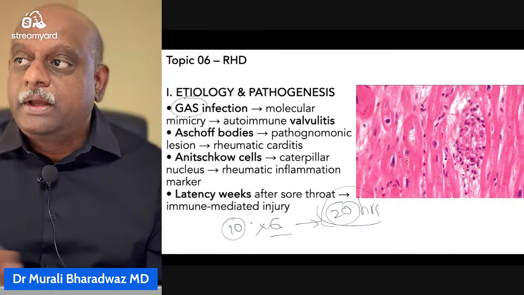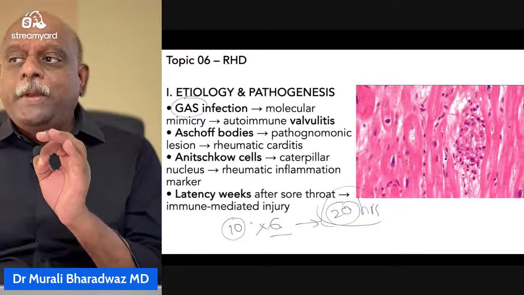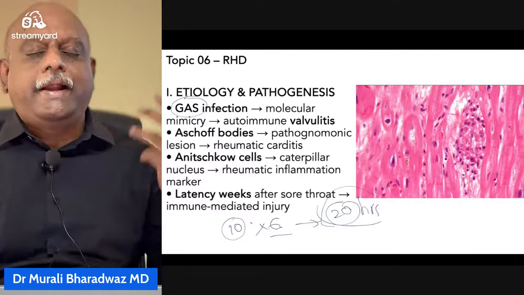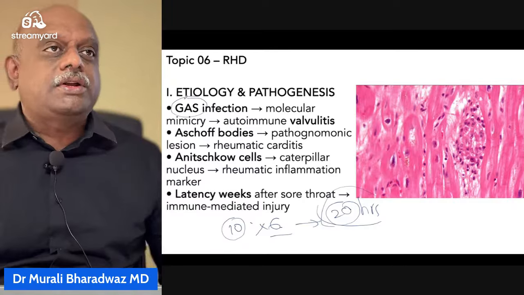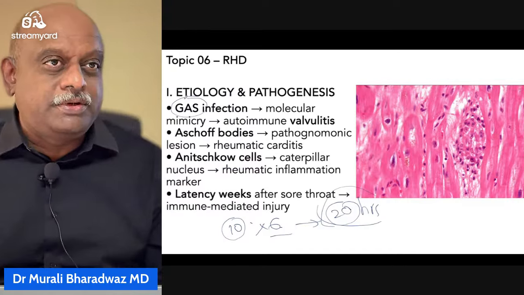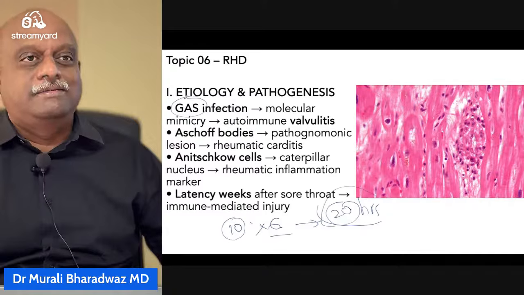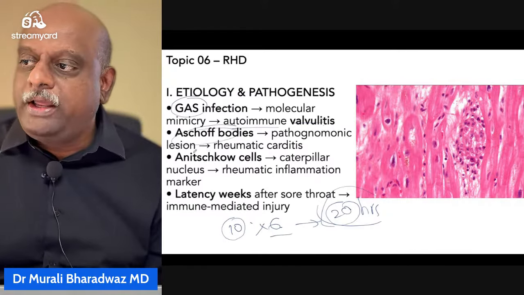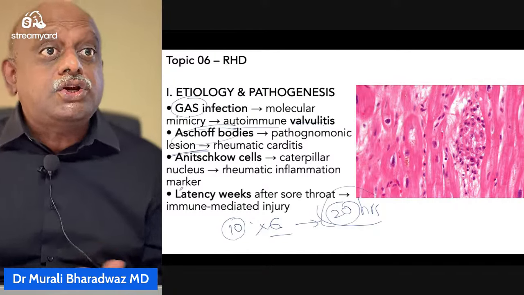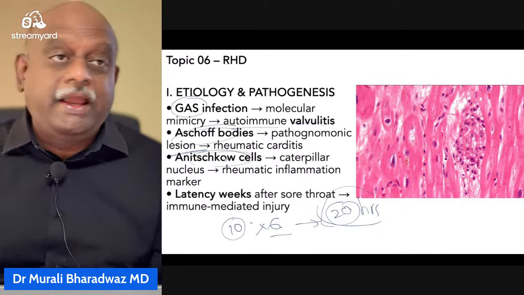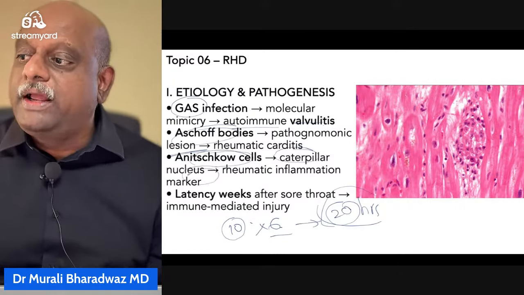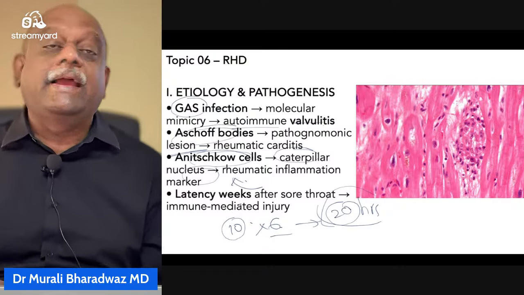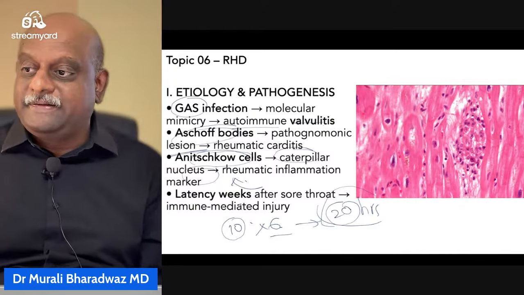So now, Group A streptococcus infection is the underlying cause, and there is a mimicry and cross reaction. Just like Saudi Arabia and Bahrain getting the bombs when the fight is with Iran. Autoimmune valvulitis, Aschoff bodies are pathognomonic, and Anitschkow cells are what you typically see, which have a caterpillar nucleus, is the typical feature in case of rheumatic heart disease.